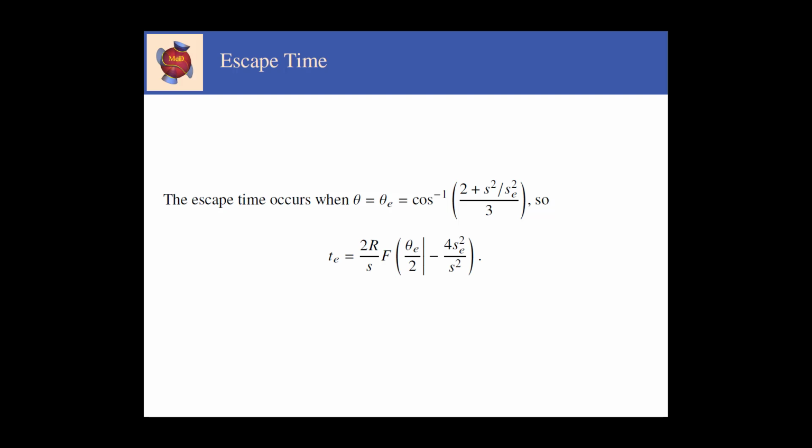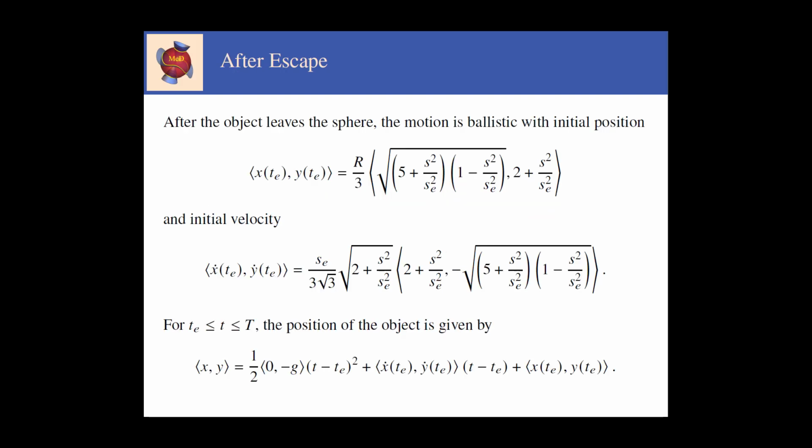And after escape, the motion is ballistic. So we obtain the initial conditions for the ballistic part of the trajectory from the final position and velocity of the constrained motion. You can see expressions for these two things here on the slide. They're somewhat complicated, but not too bad. And then for times t between the escape time and the impact time, we have quadratic dependence on time.